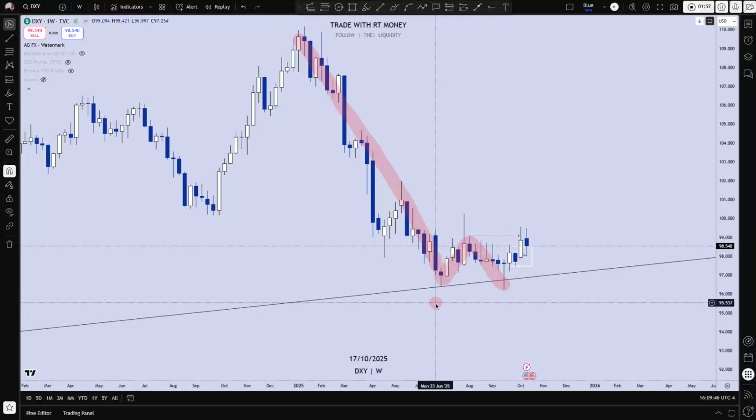We came back through, took the liquidity from that low, swept the sell side liquidity, and pushed up higher. Now you can see that we traveled sideways for a good while until we started to see some bullish push.